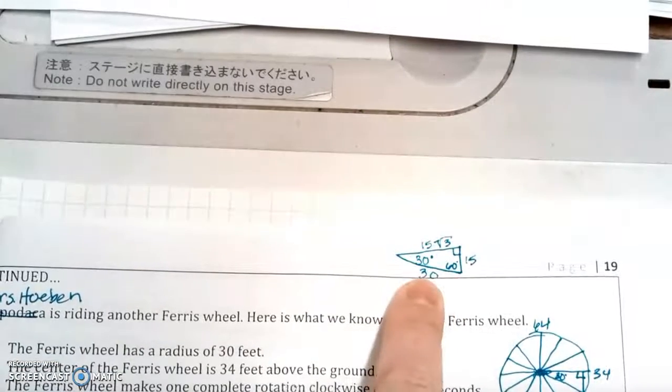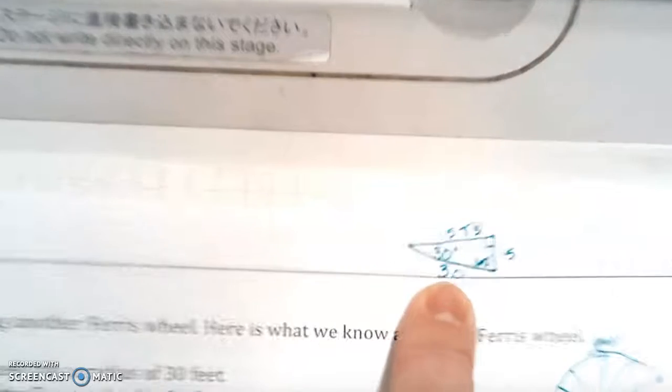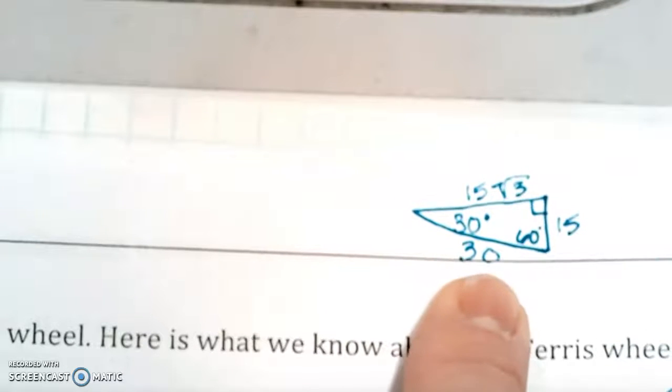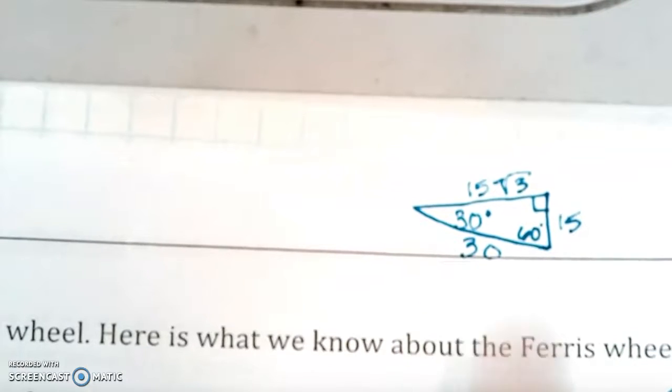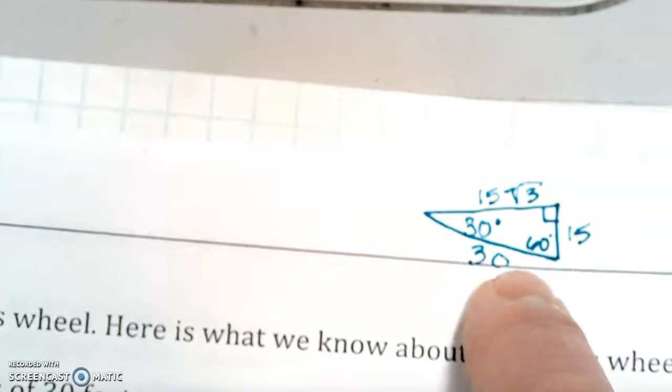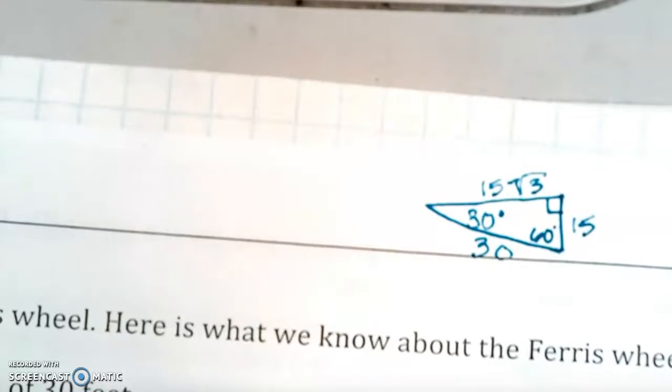Okay, so we do know this, that the radius, and let me zoom in a little, the radius is 30. So we need to get the short leg and the long leg. The radius just happens to be the hypotenuse. On a 30, 60, 90, to go from the short leg to the hypotenuse, you multiply by 2.